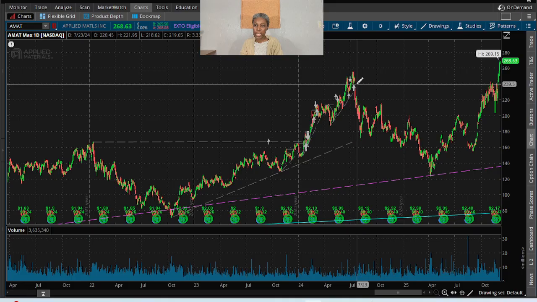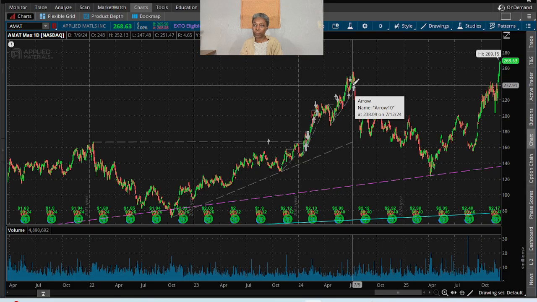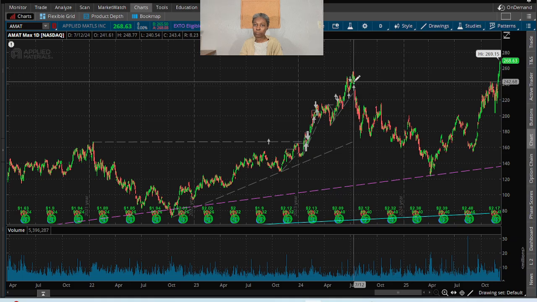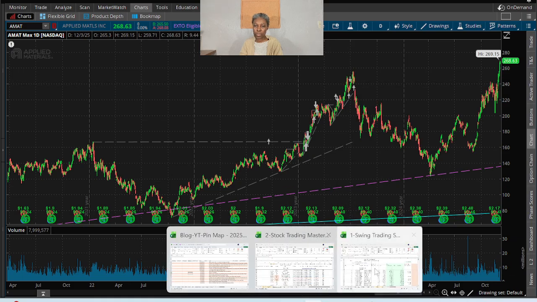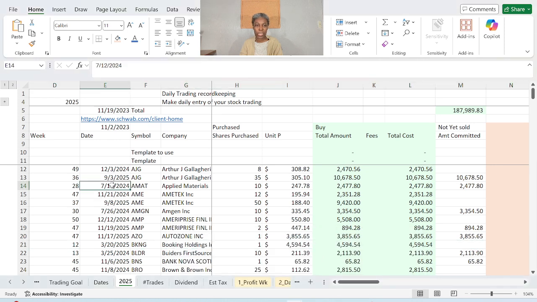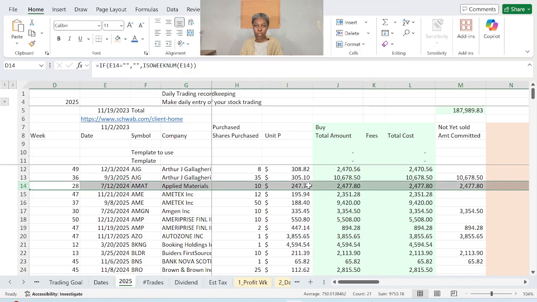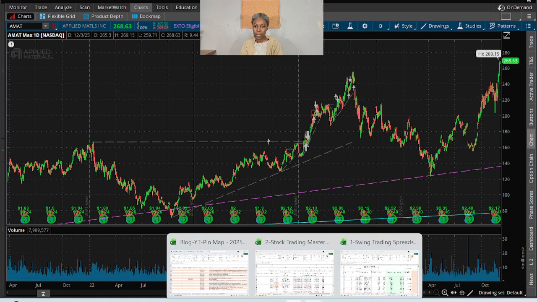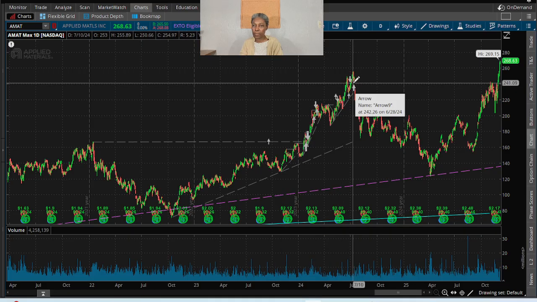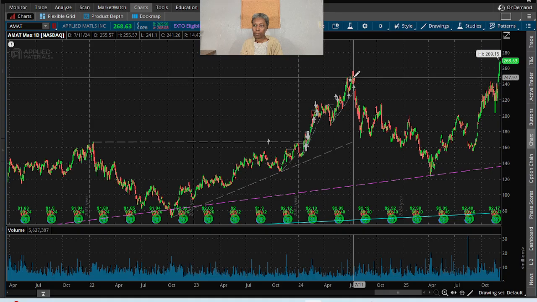So being here, purchasing it somewhere here, and we can go to, let's see, okay, we purchased it in July for $247. So it'll be pretty much somewhere here.